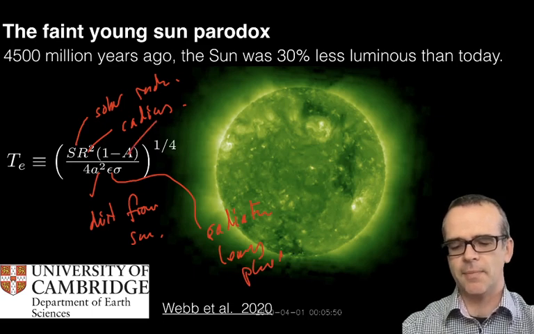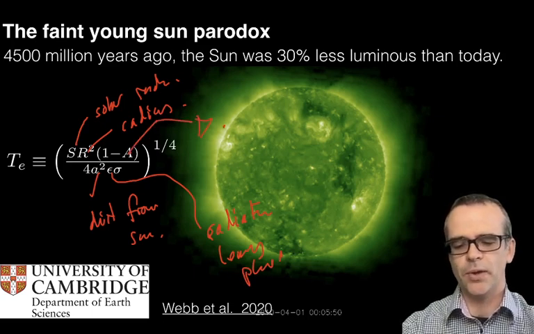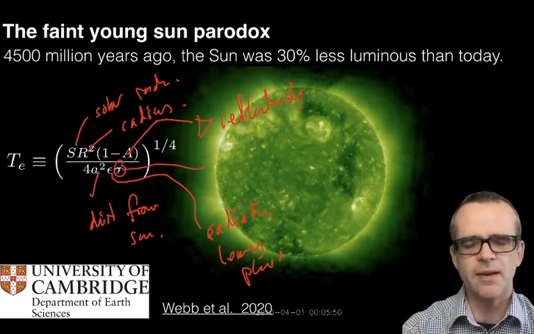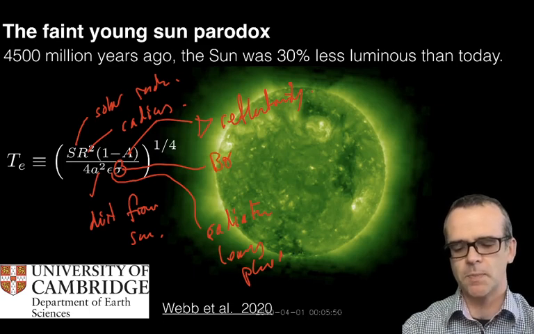A is something called the albedo, or the reflectivity, something which is known, and sigma down here is a constant which you may have heard of at school called the Boltzmann constant, or the Stefan Boltzmann constant.